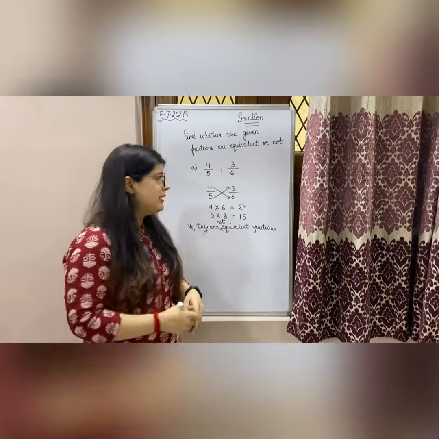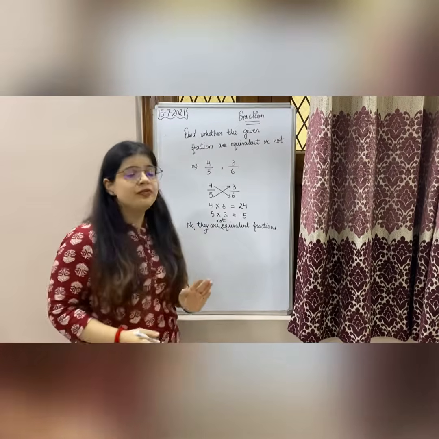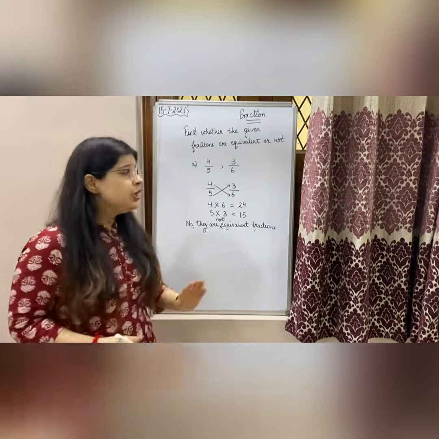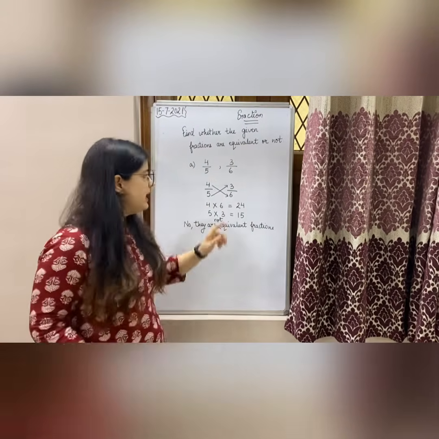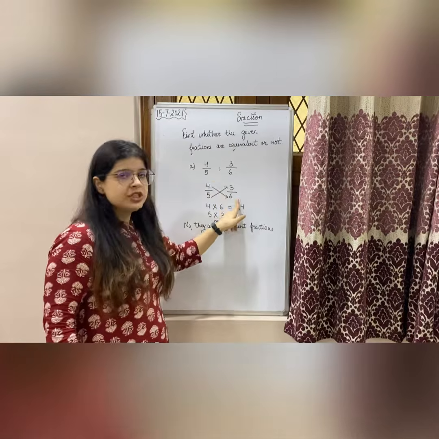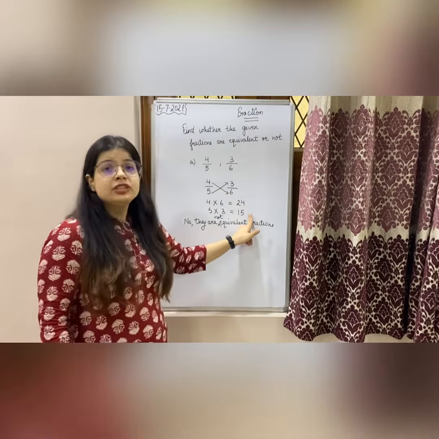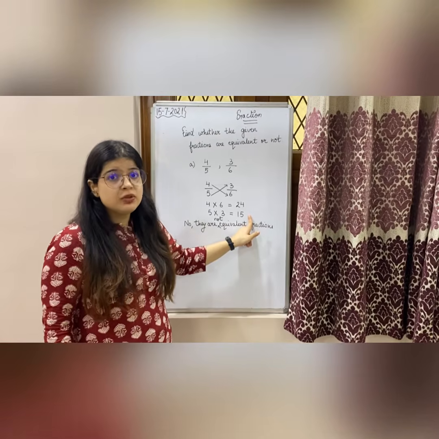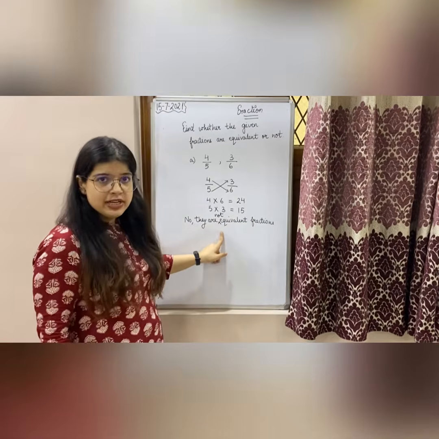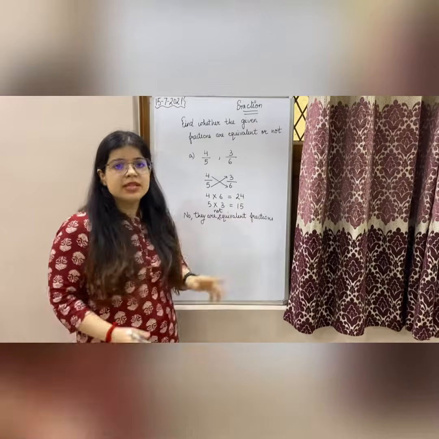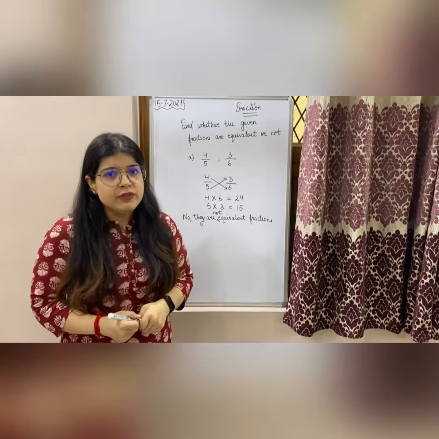And now coming to finding the equivalent fraction, you just have to cross multiply. Cross multiply numerator with denominator, denominator with numerator. When the answer is not the same, then they are not equivalent fractions. If the answer comes out to be the same, they are equivalent fractions.